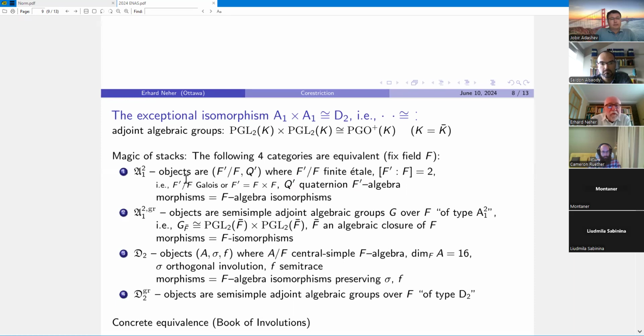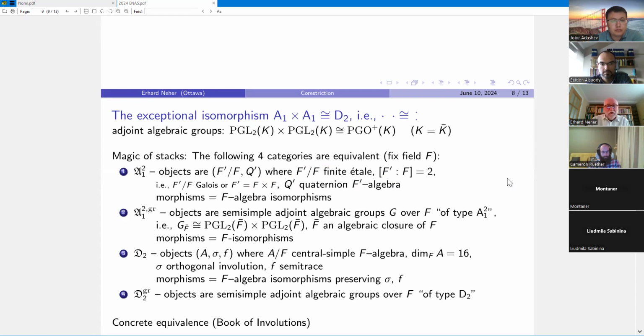F prime over F being étale of degree 2, of course, just means that F prime over F is either Galois or it is the split étale extension. And the morphisms are F-algebra isomorphisms.